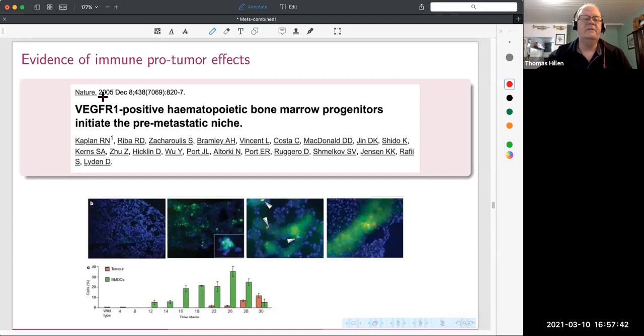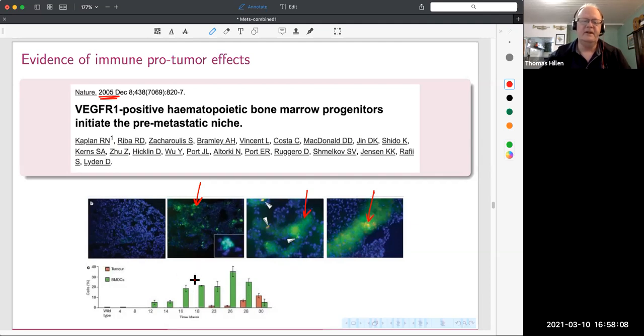For example, here, this is a paper from 2005, where they look at a piece of tissue, and in this tissue you get bone marrow derived cells. So these are immune cells in green, they come first, and then cancer comes later. So the red dots here are cancer cells, and they settle right there where the immune cells are already present.